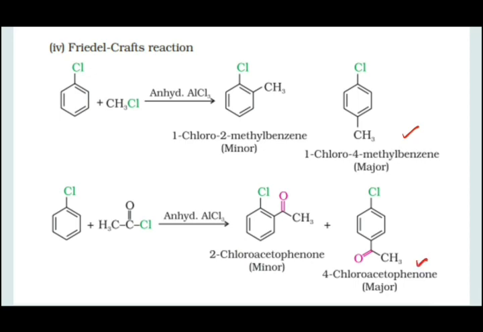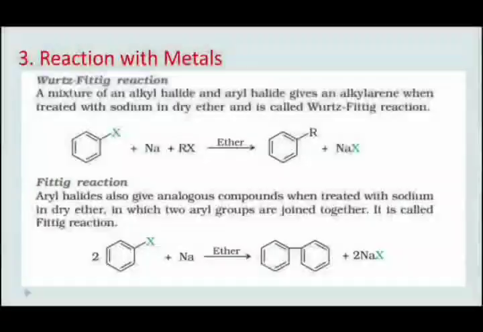In Friedel-Crafts alkylation, a methyl group will be attached, and in Friedel-Crafts acylation, a COCH3 group will be attached to the phenyl ring. So in the aromatic electrophilic substitution reaction, the para product will be formed as the major product. This is all about aromatic electrophilic substitution.